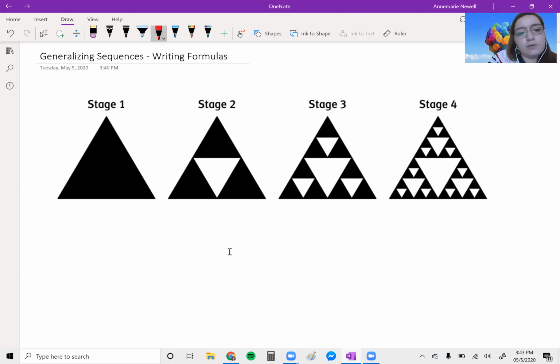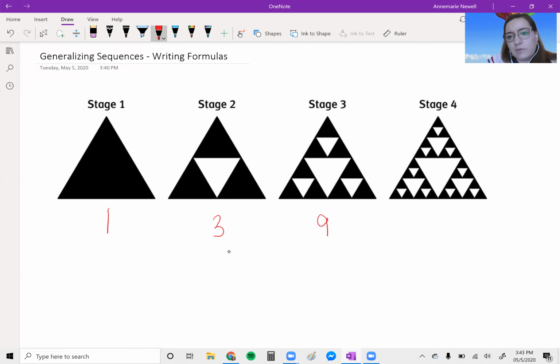So how many triangles are there in stage 1? Well, there's just one. How many triangles are in stage 2? 1, 2, 3. There are 3. You need to count the number in stage 3. 1, 2, 3, 4, 5, 6, 7, 8, 9.